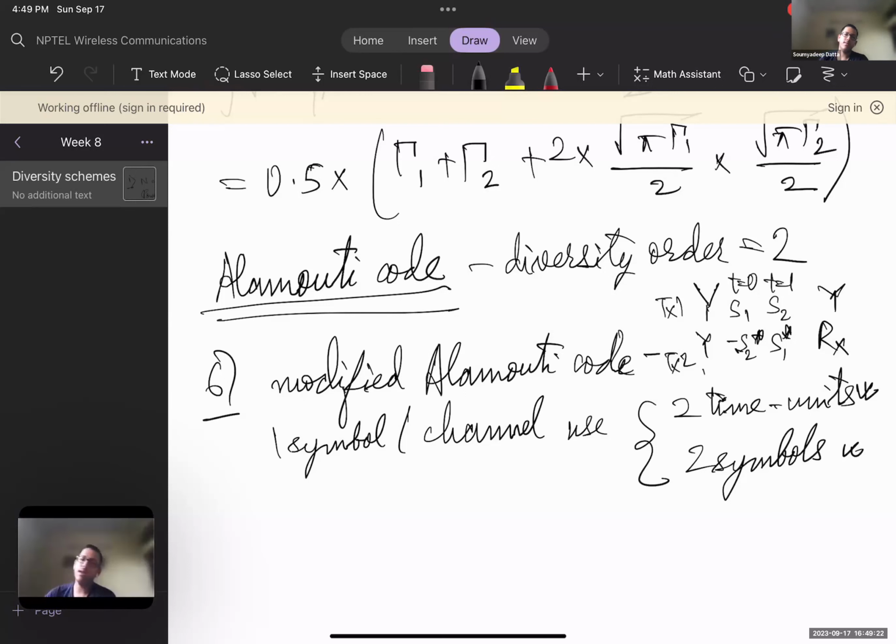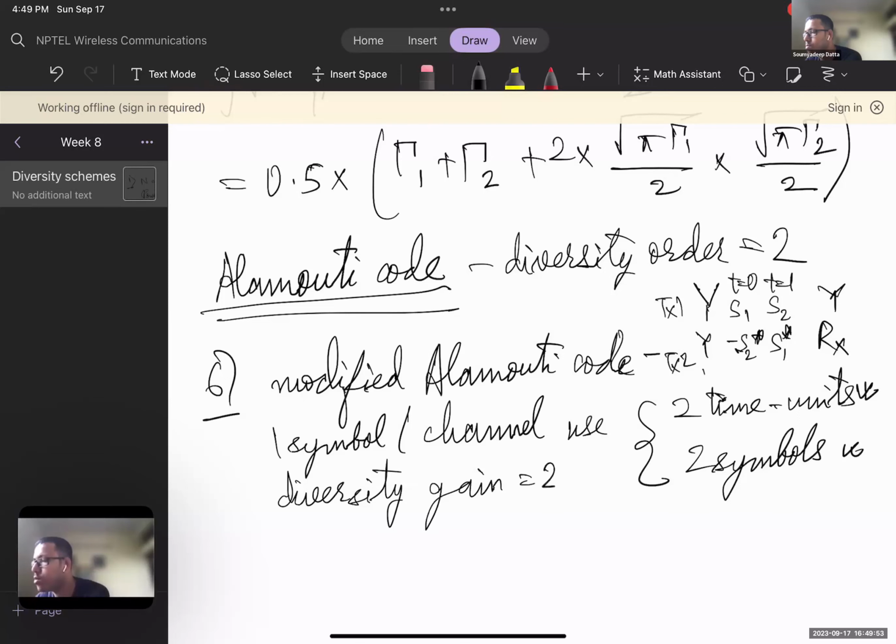and then you are sending two symbols, right? So you are sending one symbol per channel use. So your efficiency is still good, and you also get diversity gain through Alamouti coding, right?